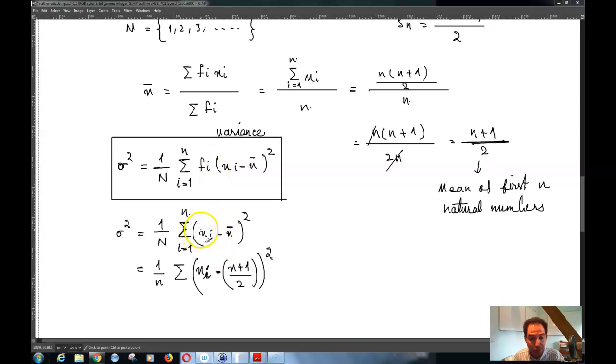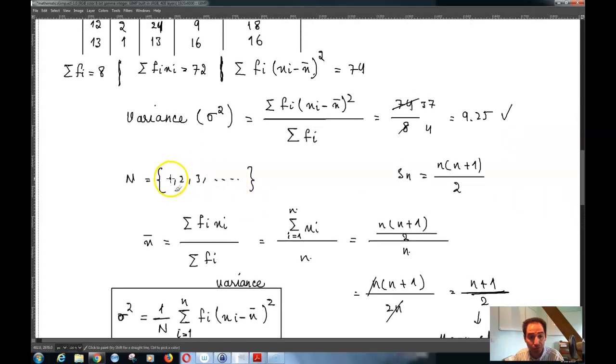You can call them x of i, and your formula is 1 divided by n sigma of (x of i minus x bar), and that x bar is (n plus 1) divided by 2, and this n refers to, you see over here, when we have these numbers, this n refers to the number of terms that we take here.